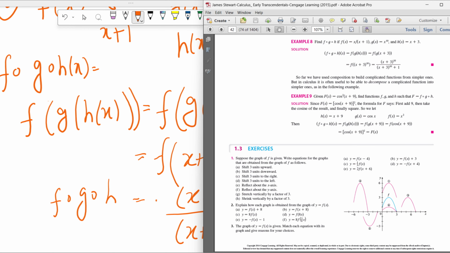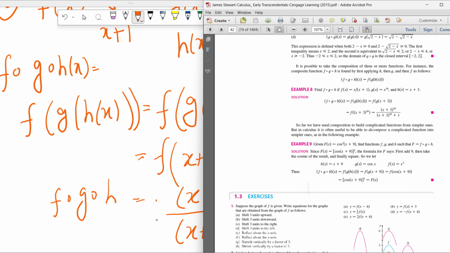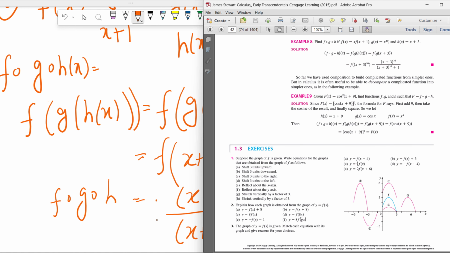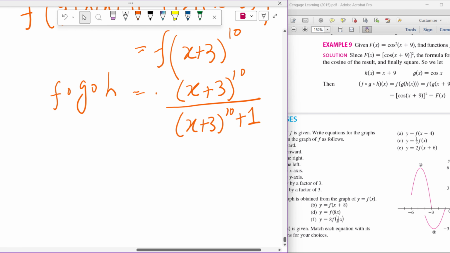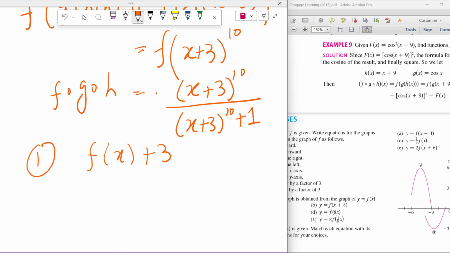So let's look at some other examples. By looking at the exercise, let's solve question number 1, the graph shifts 3 units upward. If the function is f of x, then the graph shifting 3 units upward means plus 3.